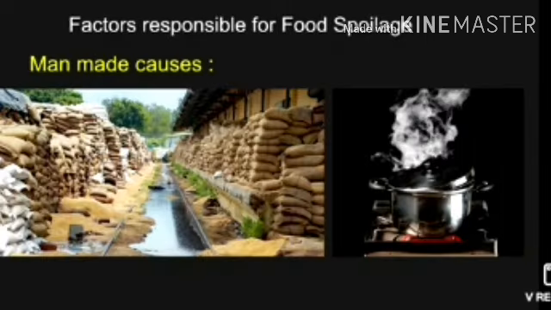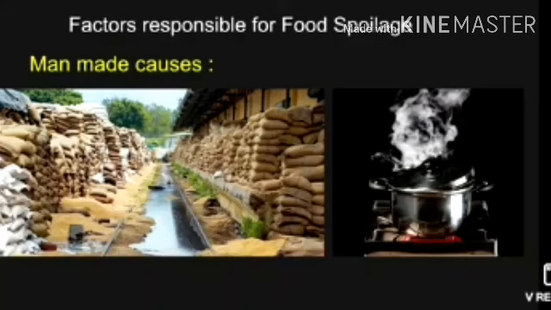The second factor is man-made causes. In man-made causes, the first one is wrong handling, as when we do not handle the food material properly. Then overcooking, as when we cook the food material for a long time, all nutrients get vanished, they evaporate.